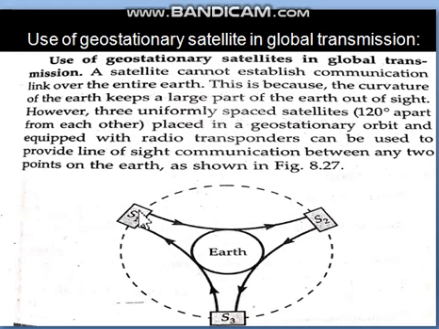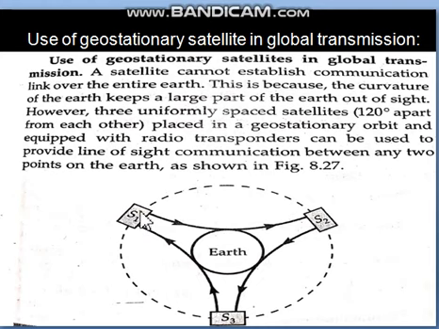This antenna does not have to move along or track the satellite. So geostationary is suitable for this purpose, and a minimum of 3 geostationary satellites are required to provide line of sight communication between any 2 points.